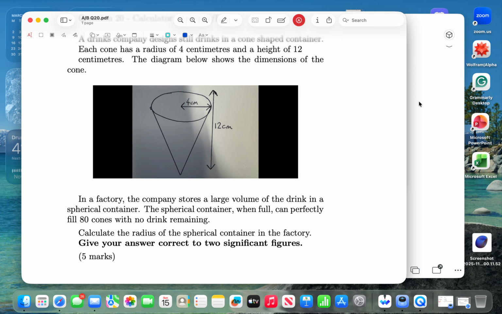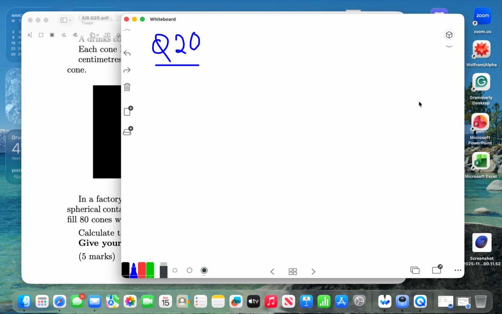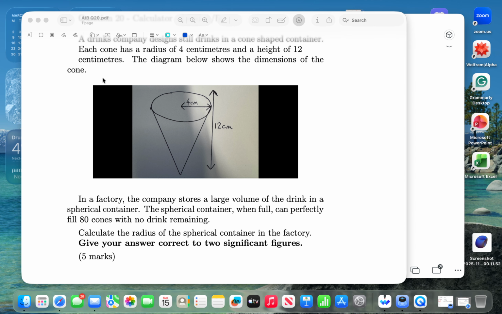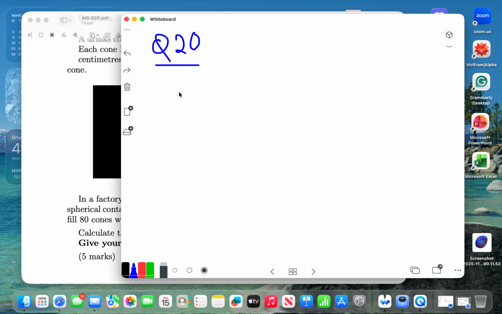So if you have a look at the second page of the exam, you will get the list of equations, and one of them is the volume of a cone. It is given as 1/3 pi r squared height, and it's written like this.